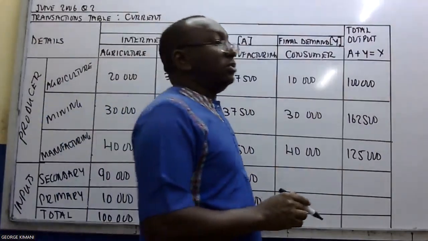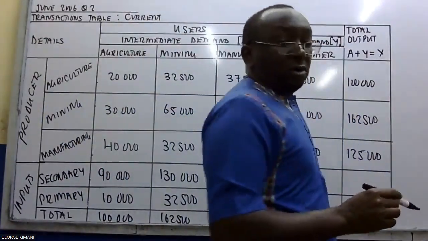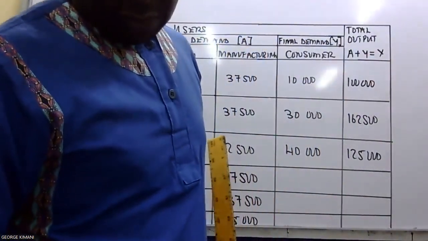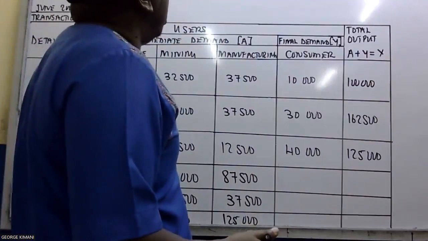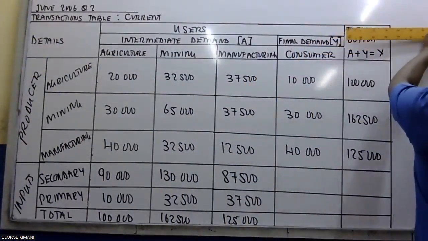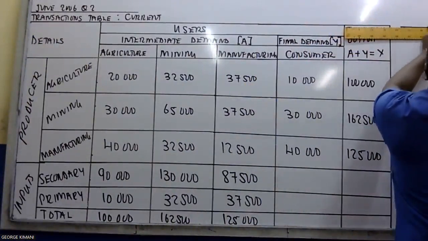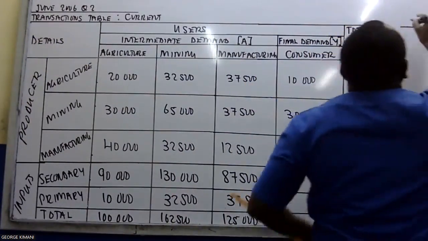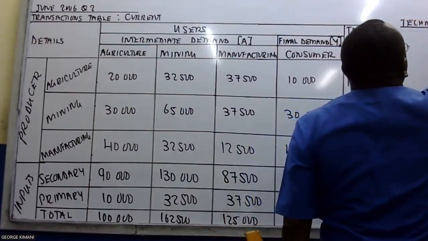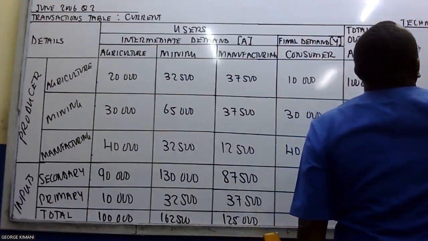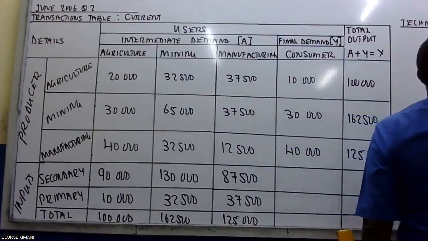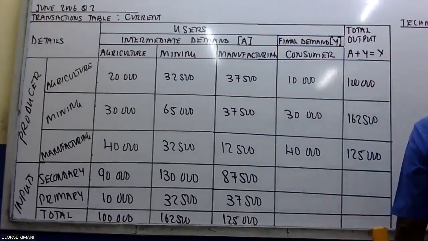But before we do that, let's prepare something called the technological coefficients matrix.